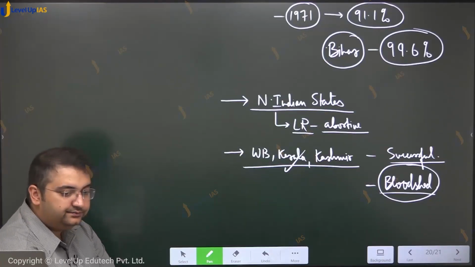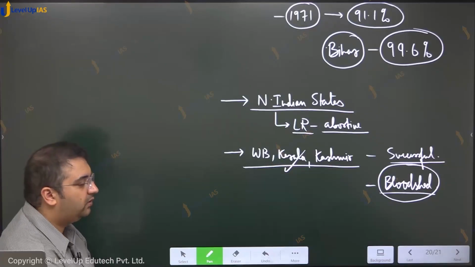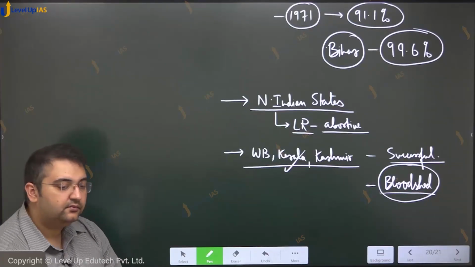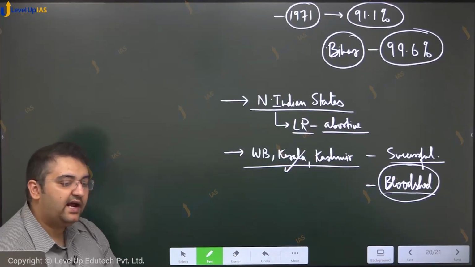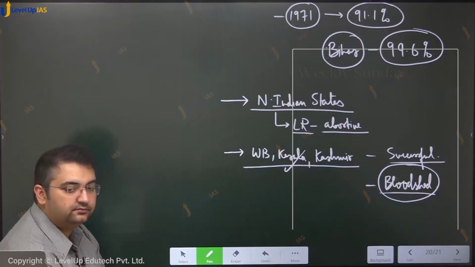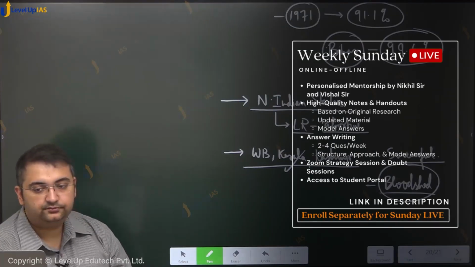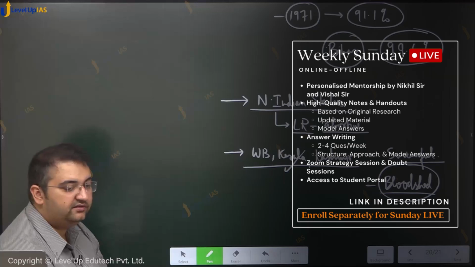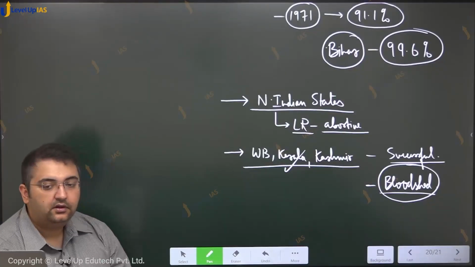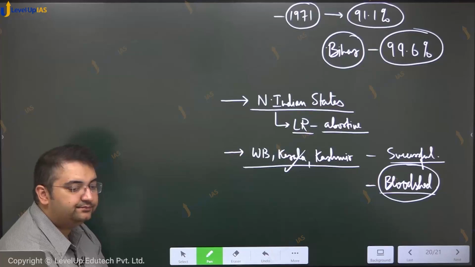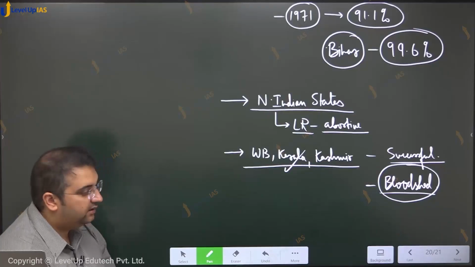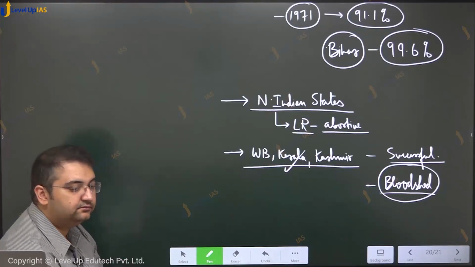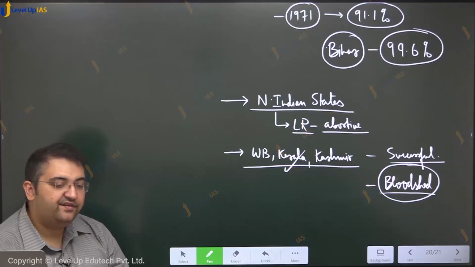Gandhian efforts were also made to carry out land reforms. Acharya Vinoba Bhave launched the Bhudan movement in the Telangana region in 1951.